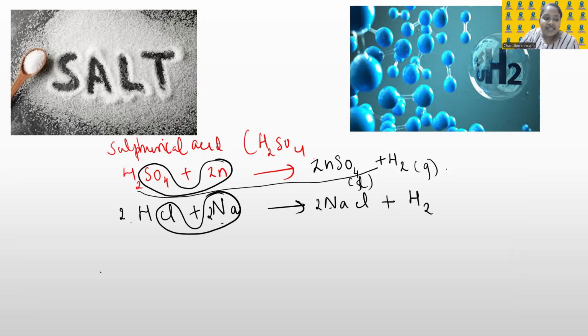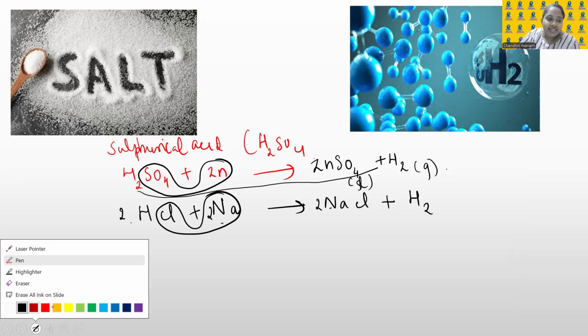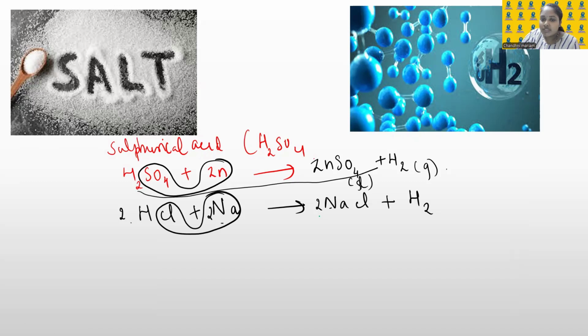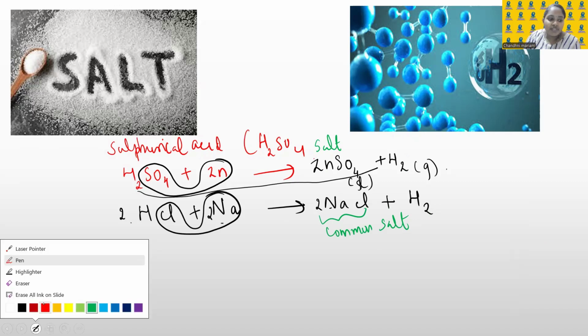What is this NaCl? We all know that this is the common salt that we use in our home, right? So definitely we can say that this NaCl is a salt. And the zinc sulfate formed is also a salt. It's not a common salt, but it is a kind of salt. And salt and hydrogen are evolving. So what can we infer from this?